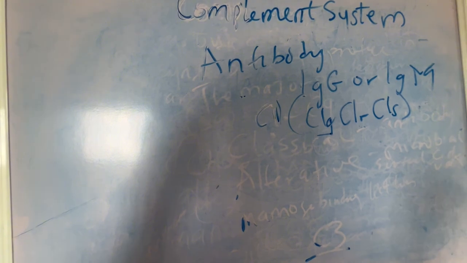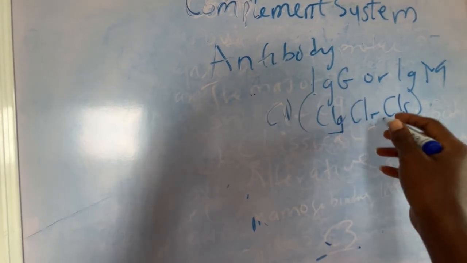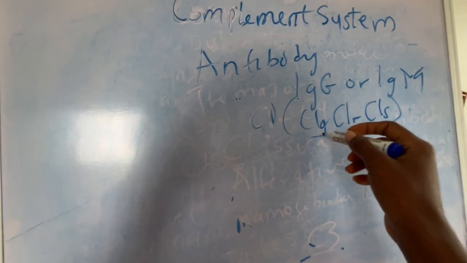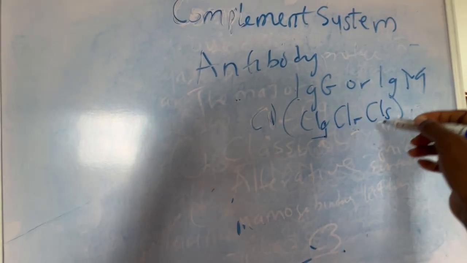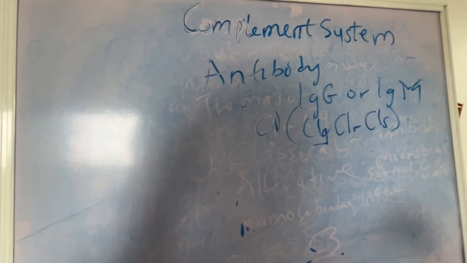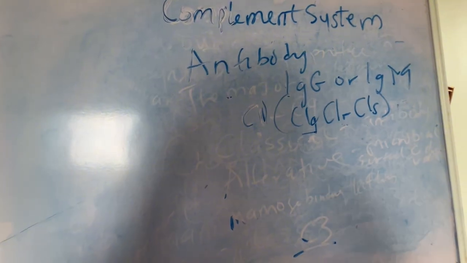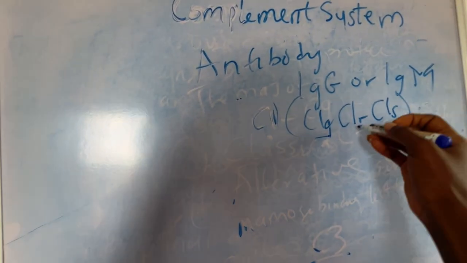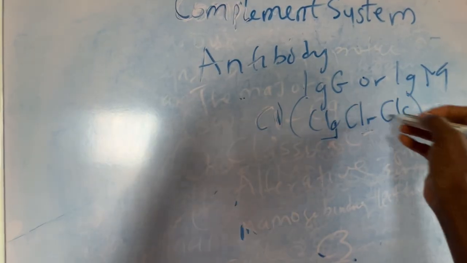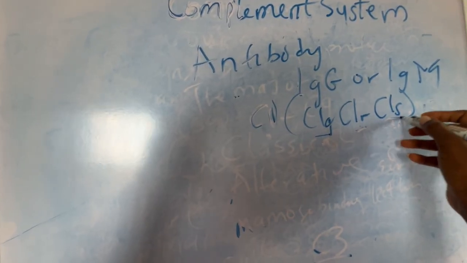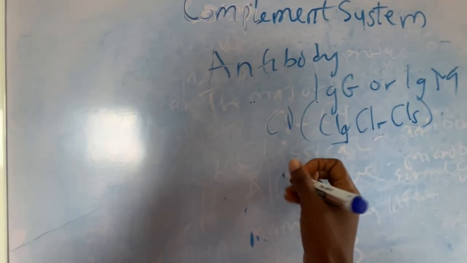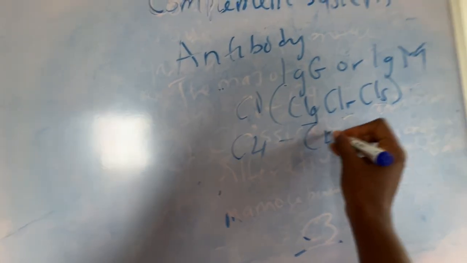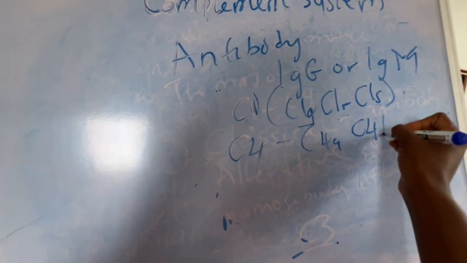The binding of C1q activates C1r, which in turn activates C1s. Remember that the activation of one triggers the activation of the other. That is how it happens in the complement system. It's a cascade of reactions. Now, C1r and C1s are both proteases. So when C1s is activated, it cleaves C4 into C4a and C4b.